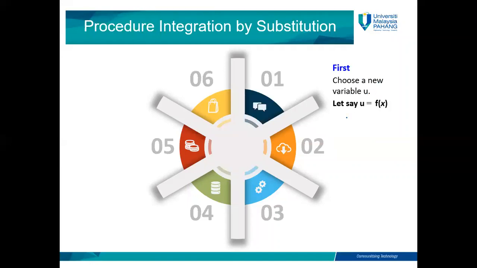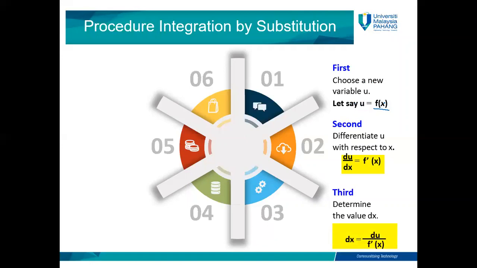So let's say u is equal to the function. So that is the first procedure. The next step is we differentiate u with respect to x. Sebab you let u equal to the function and then you differentiate u with respect to x lah. And the third one is we determine the value of the x.